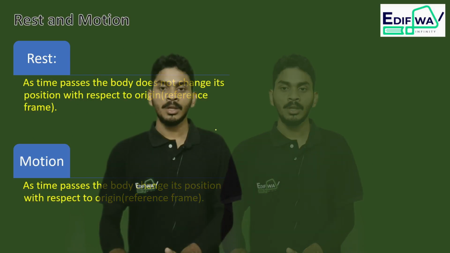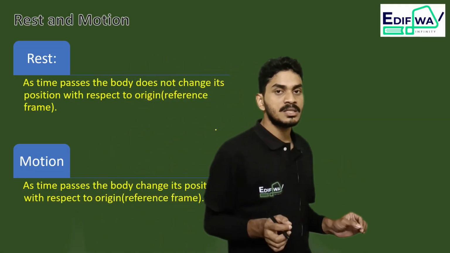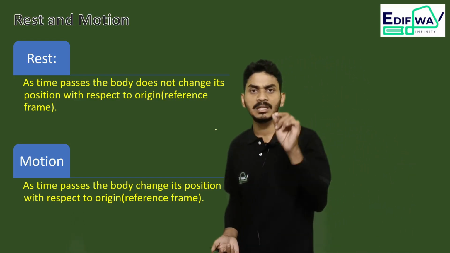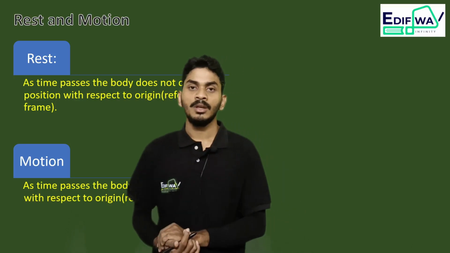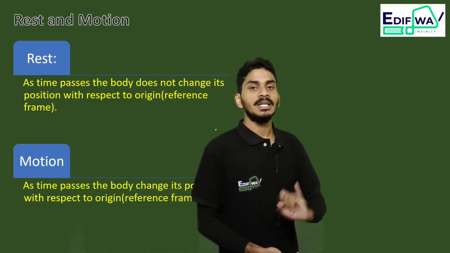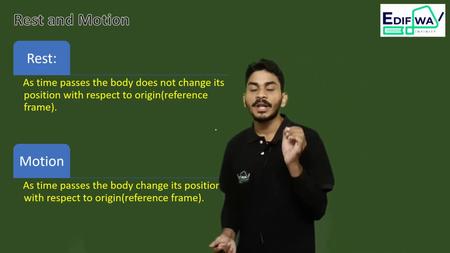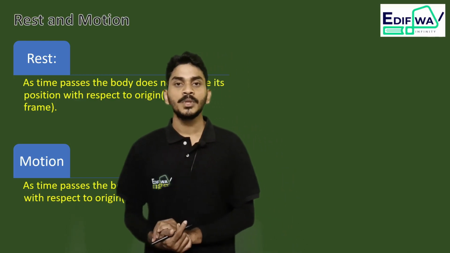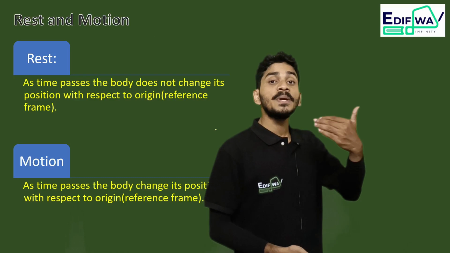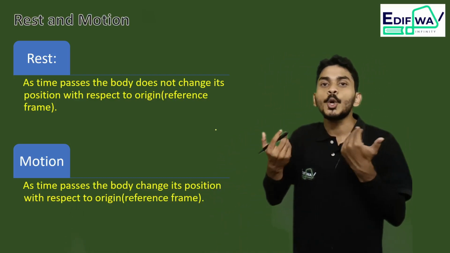Okay, now we are going to discuss what is meant by rest and motion. Before discussing what is rest and what is motion, we need to know two important factors. That is time as well as origin, also called the frame of reference. What is the speciality of time? Time is an independent quantity. Time does not wait for anyone. It keeps on passing.